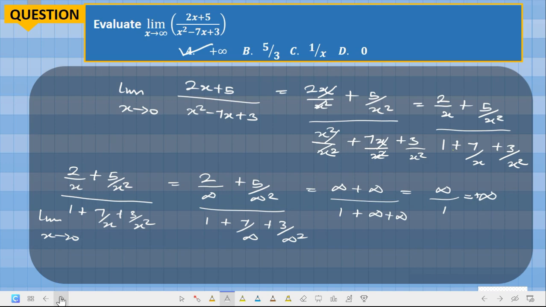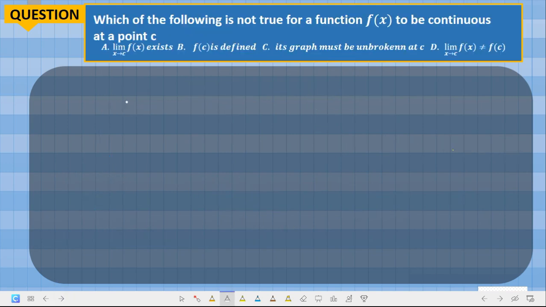That's the correct answer. Now, which of the following is not true for a function to be continuous? Now this must exist is correct. F of s must exist. Now f of c is defined, that is correct. Its graph must be broken at c. Then this is wrong. Why? For a function to be continuous, the limit of s tends to c of f of s must be equal to f of c.